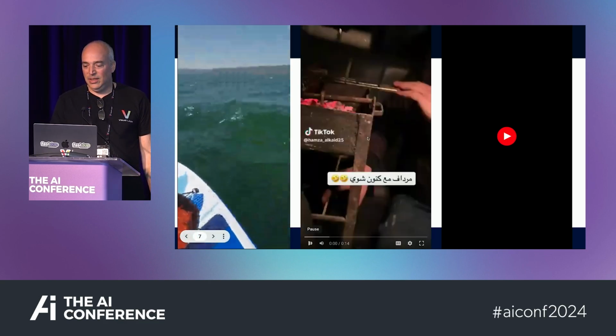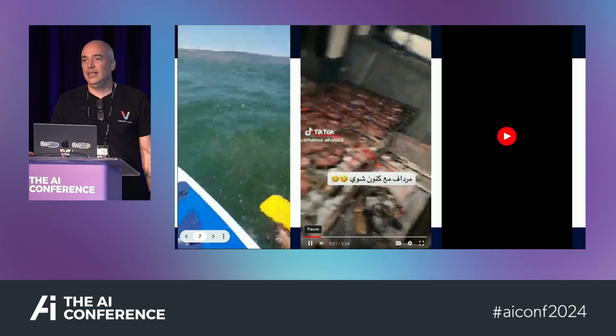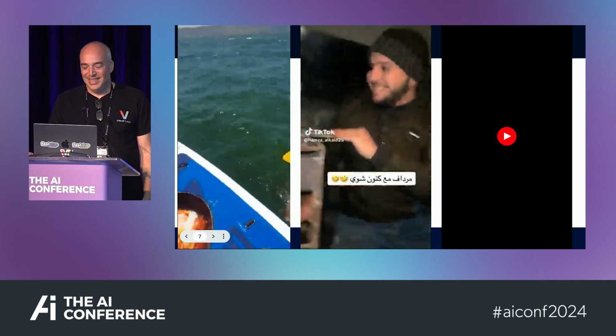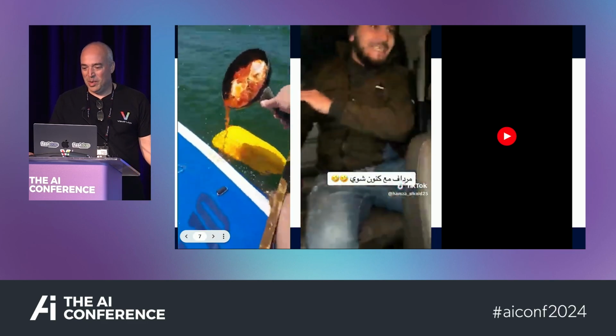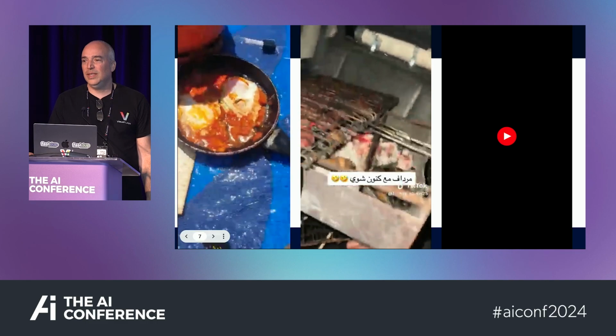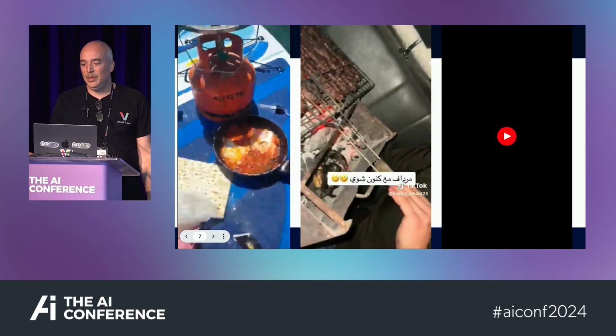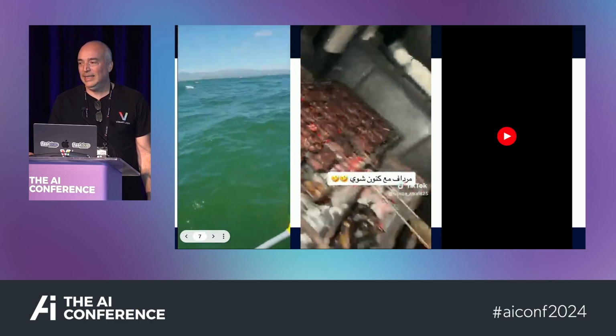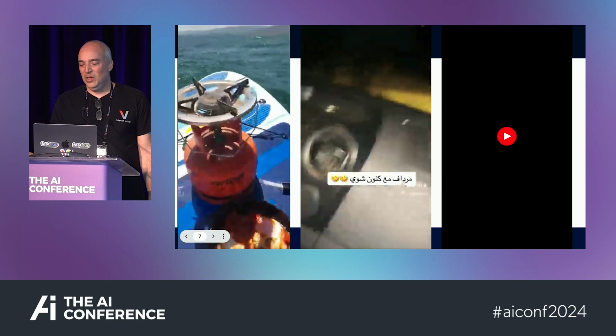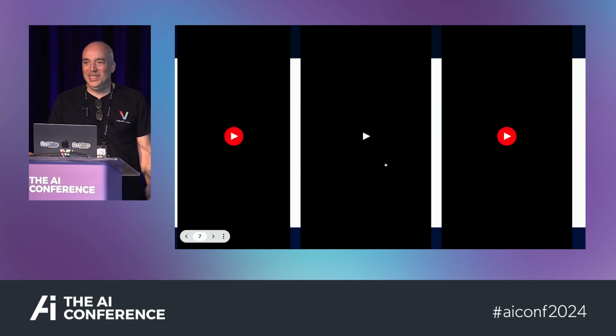The second video, I think you will also find interesting. It's a barbecue, they're making kebab, but what's interesting about this video is where the food is prepared. It's prepared inside a moving car. I don't know if it makes a lot of sense with all the smoke, but that exists on TikTok.